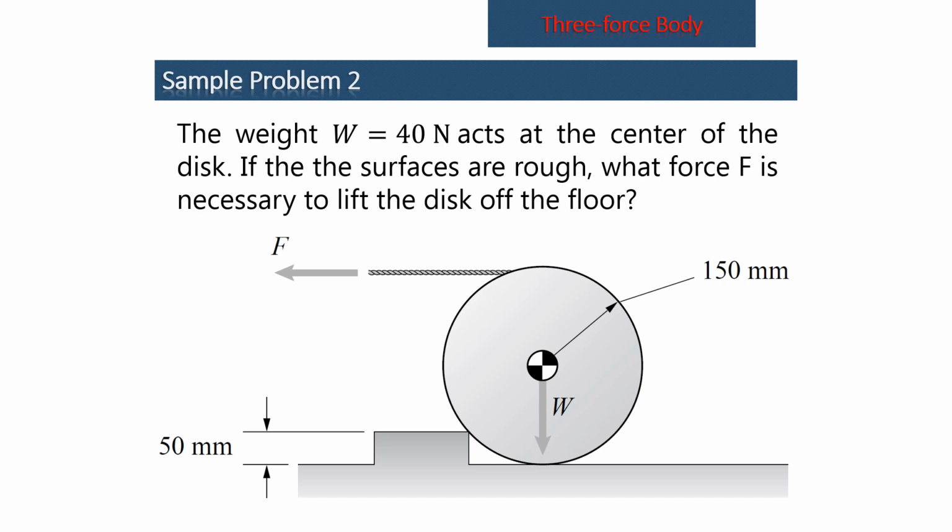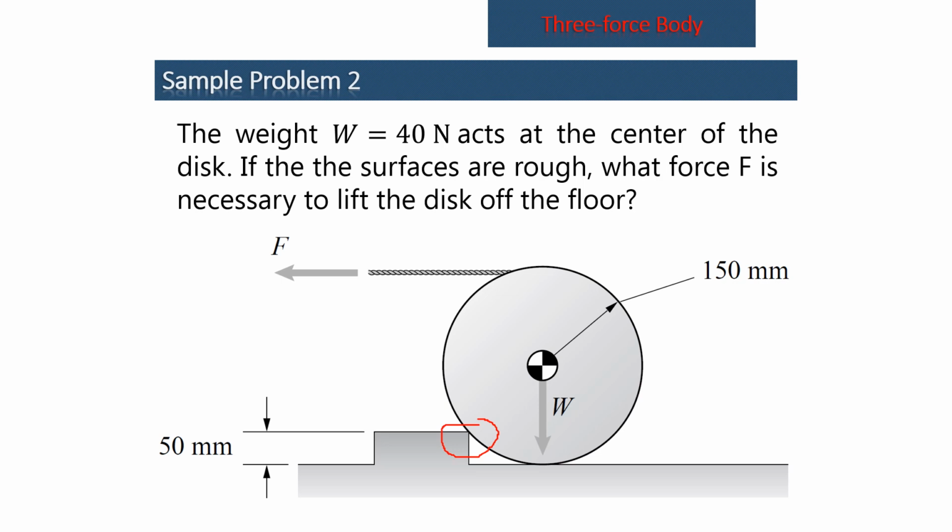The disc is flat, lying on a surface that is indented at this point here by 50 millimeters from the ground. And then you have your weight acting at the center of the disc, and your radius, 150 millimeters, and you have a cord pulling the disc.